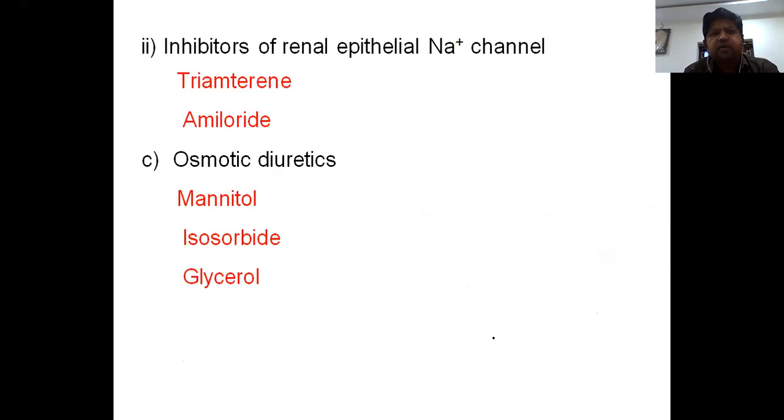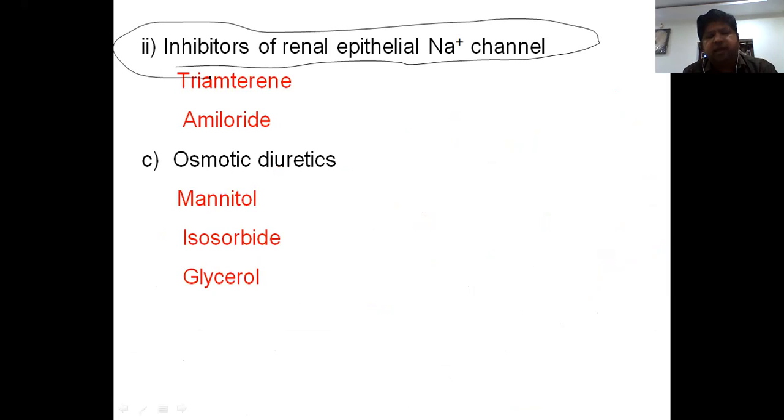Okay. So next is inhibitors of renal epithelial sodium channel. Am I right? So this is also very important. These drugs will block sodium reabsorption by inhibiting the renal epithelial sodium channel. Sodium is reabsorbed from the lumen into the epithelial cell, and from the epithelial cell sodium will be reabsorbed into the blood.